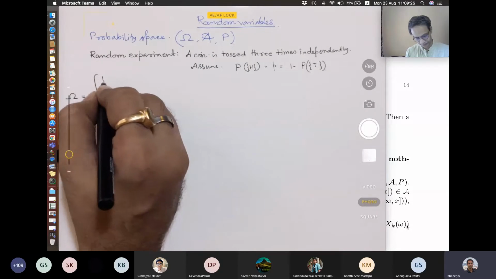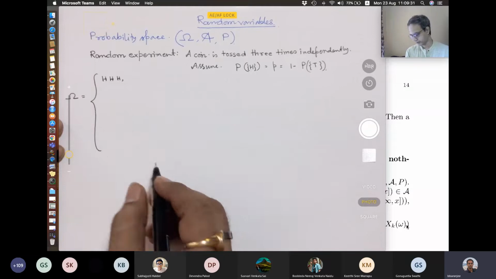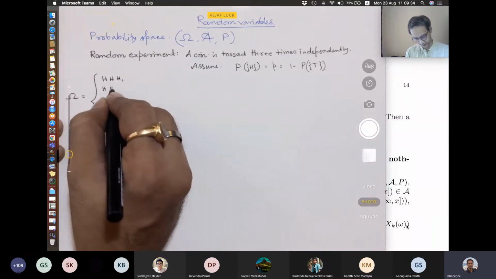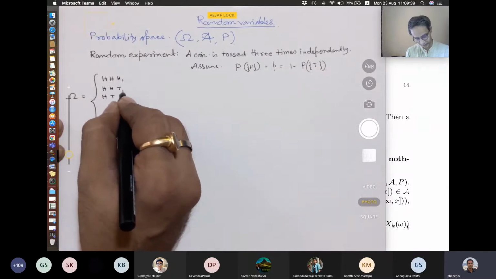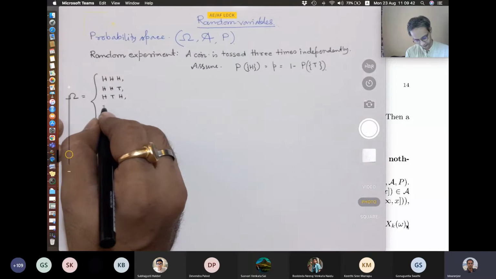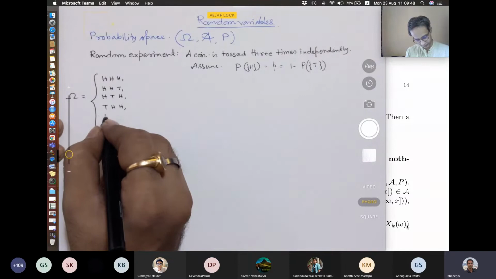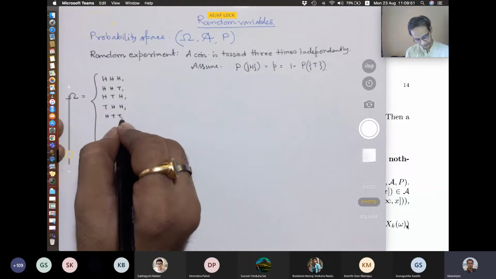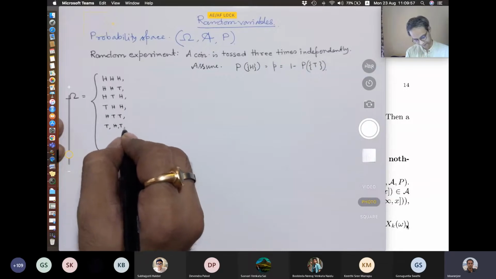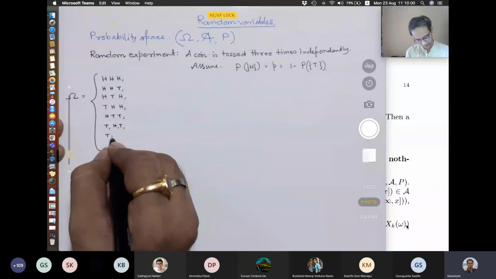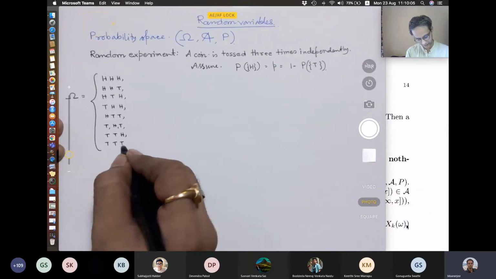It could be head, head, head, then head, head, tail, head, tail, head, tail, head, head, then head, tail, tail, tail, head, tail, tail, tail, head, and tail, tail, tail.